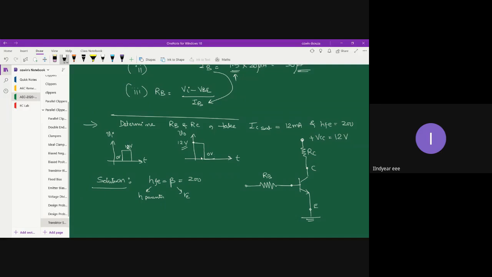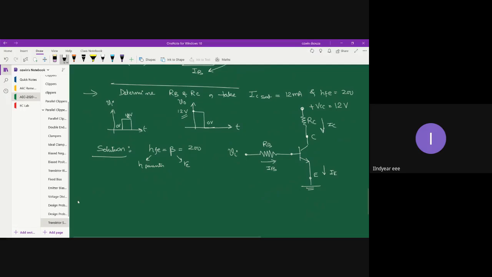Whether they give it or not, always remember that the output voltage is VC and VC is VCC. So that's your VCC, 12 volt. This is where you connect your pulsed input. So this is your IB, IC.